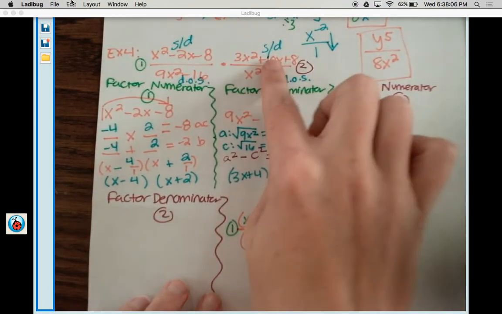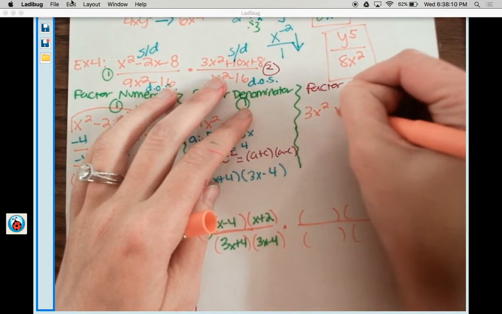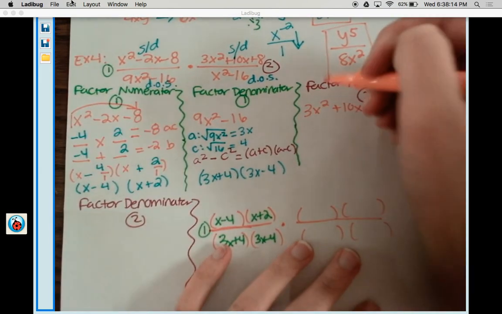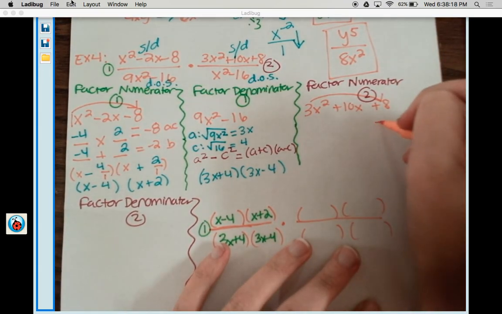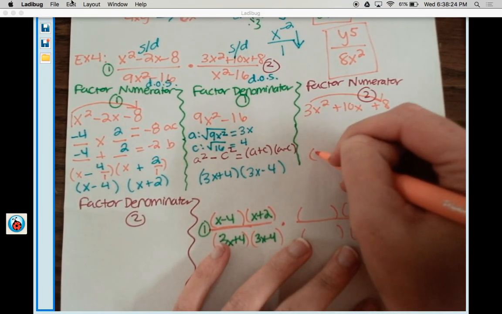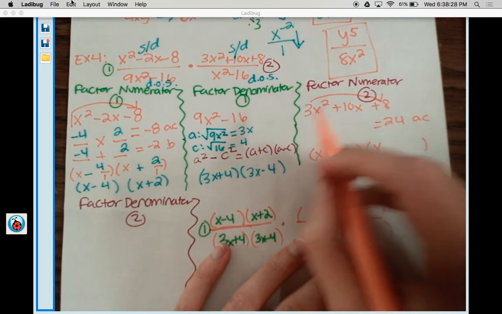So let's factor the numerator over here. We have 3x squared plus 10x plus 8. We slide our a to our c, so 3 times 8 is 24. And don't forget, in our final answer we're going to have x's in there, and we divide by what we slide by.